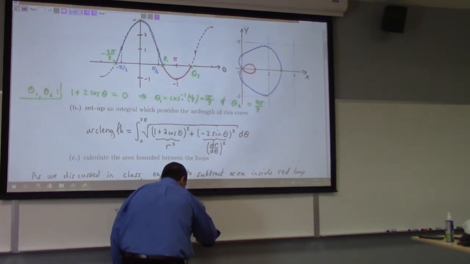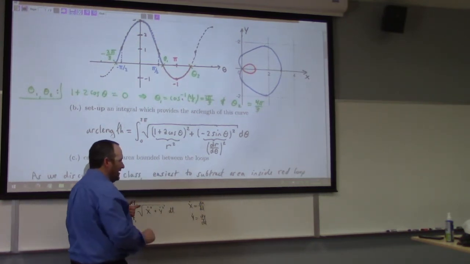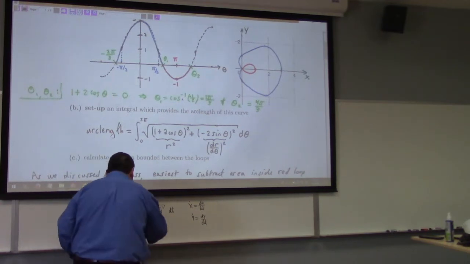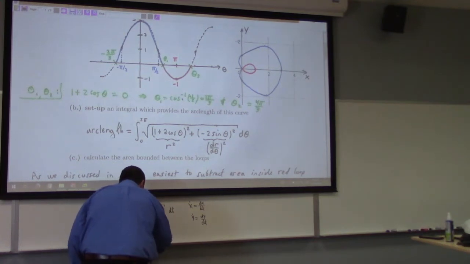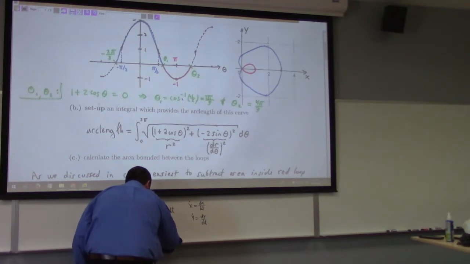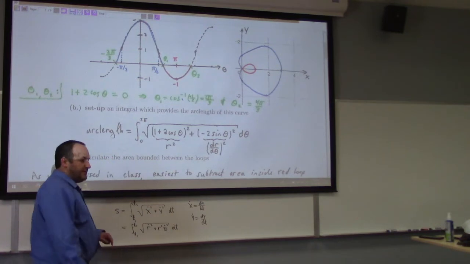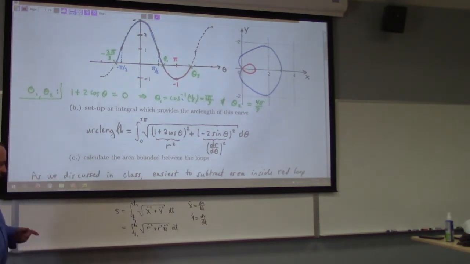So in the special case, we also worked out that it is the integral from t1 to t2 of the square root of r dot squared plus r squared theta dot squared. That was a homework problem. Because what's inside is the speed squared, right? So that would be the formula for arc length that would be useful for a parametrized polar curve.